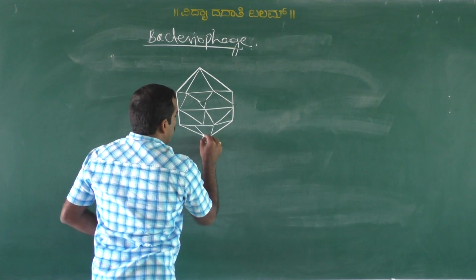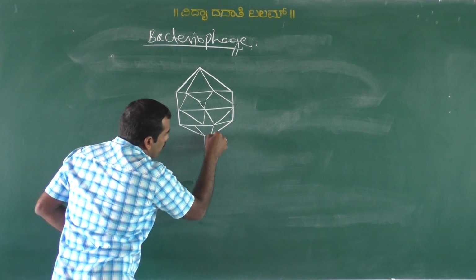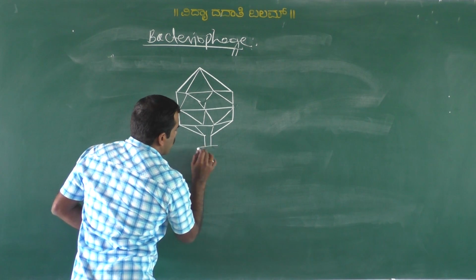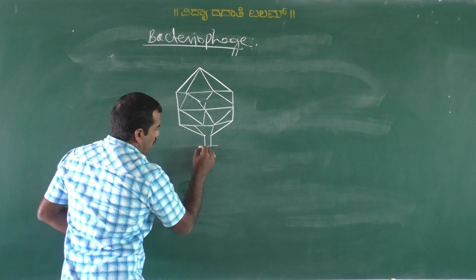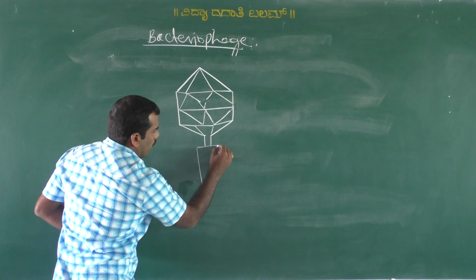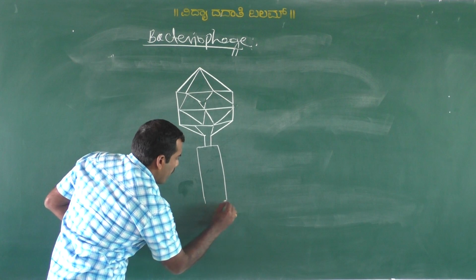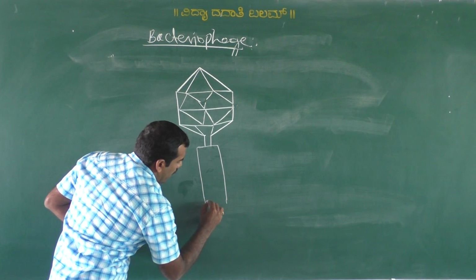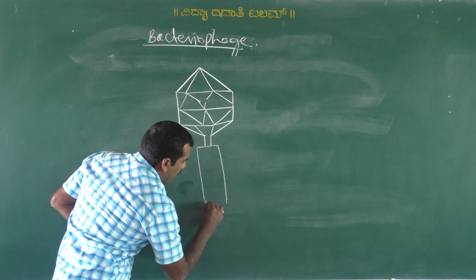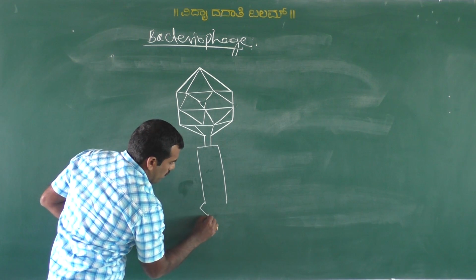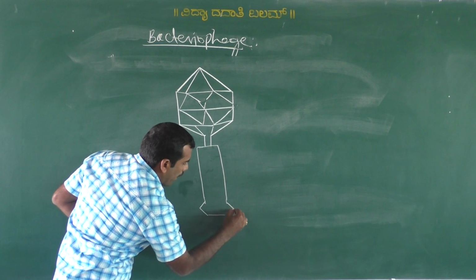This is a head, this is a neck, a narrow region, this is a tail. Is it clear? And it has a tail plate or the end plate, a hexagonal end plate.